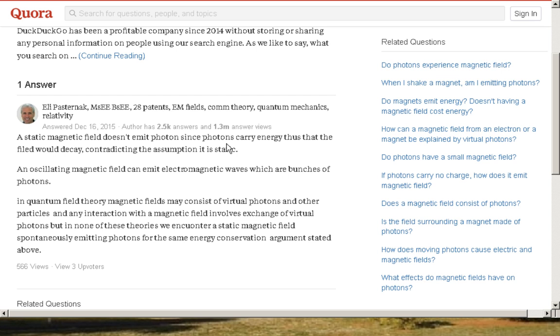That's the momentum of a photon. Well, there is energy. That field would decay, contradicting the assumption it is static. An oscillating magnetic field can emit electromagnetic waves, which are bunches of photons. Bunches?